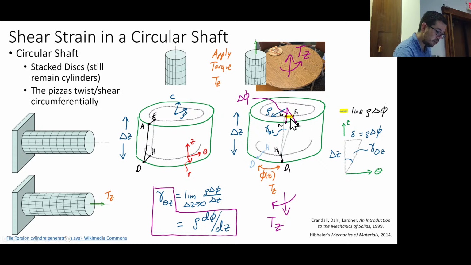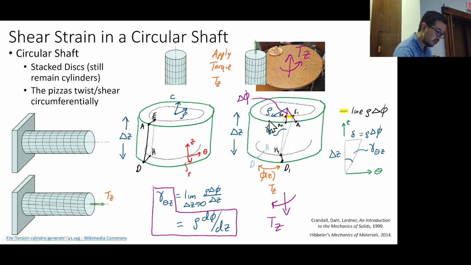Then, when we get up to the top of the pizza, there's some interesting behavior. A and E have experienced this same angle of rotation, phi of z.